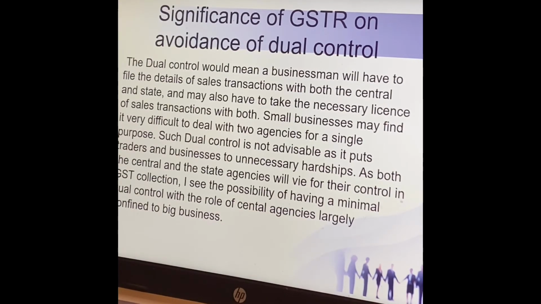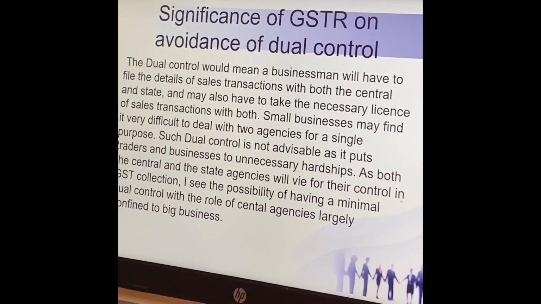Small businesses may find it very difficult to deal with two agencies for a single purpose, because they might not have the knowledge and capital to hire CAs to understand the taxation system. So it is very difficult to deal with both agencies for a single purpose. Such dual control is not advisable, as it puts traders and businesses to unnecessary hardships.